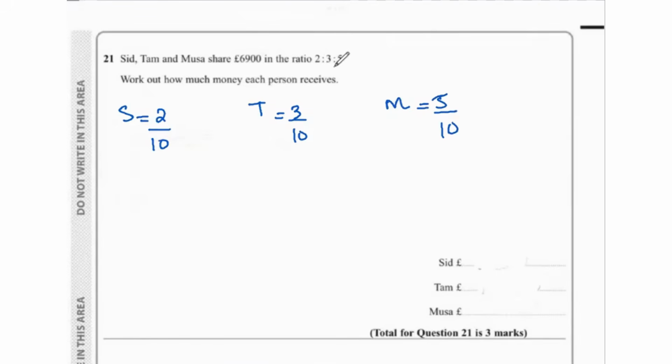What we're doing is we're adding all of the numbers in the ratio, which is 10. So 10 comes in the denominator, and the numerator is going to be the number assigned to that person in the ratio. That's why Sid is 2 out of 10, Tam is 3 out of 10, and Musa is 5 out of 10. Now we multiply these by the amount that is going to be shared by the three people.